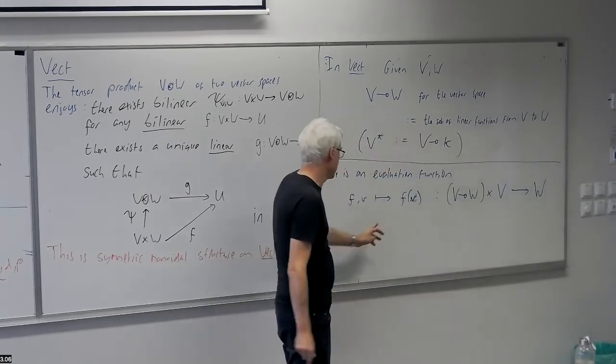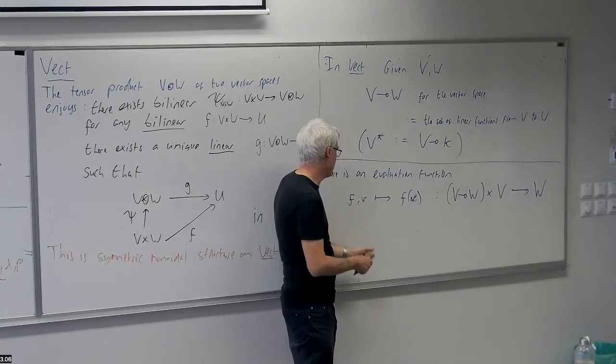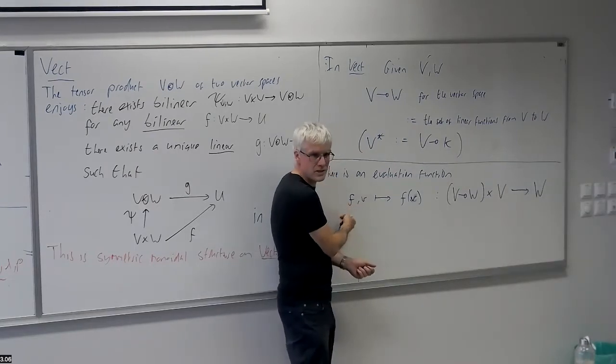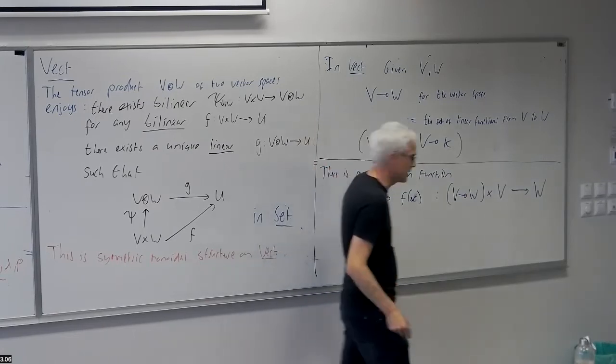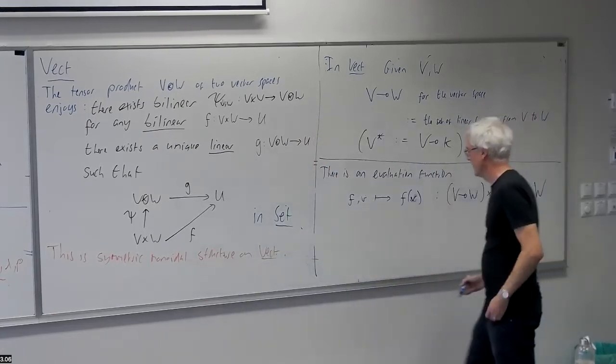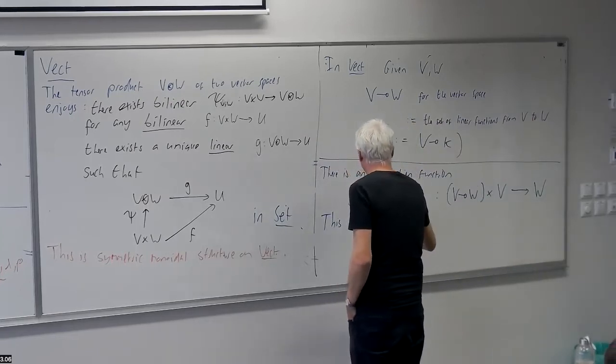But it is bilinear. That's very important. If we fix v, then this function preserves addition and scalar multiplication of functions f, just by how it's defined. Similarly, if you fix f, it preserves addition and scalar multiplication in v. So this is bilinear.